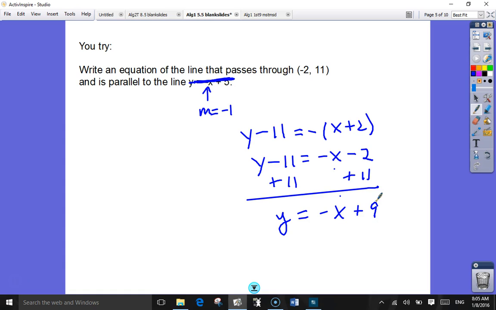What if you did it the other way? Then you would have plugged in 11 equals -1 times -2 plus b. So 11 equals 2 plus b. So b equals 9. So that's the calculation. So that's parallel lines, right?